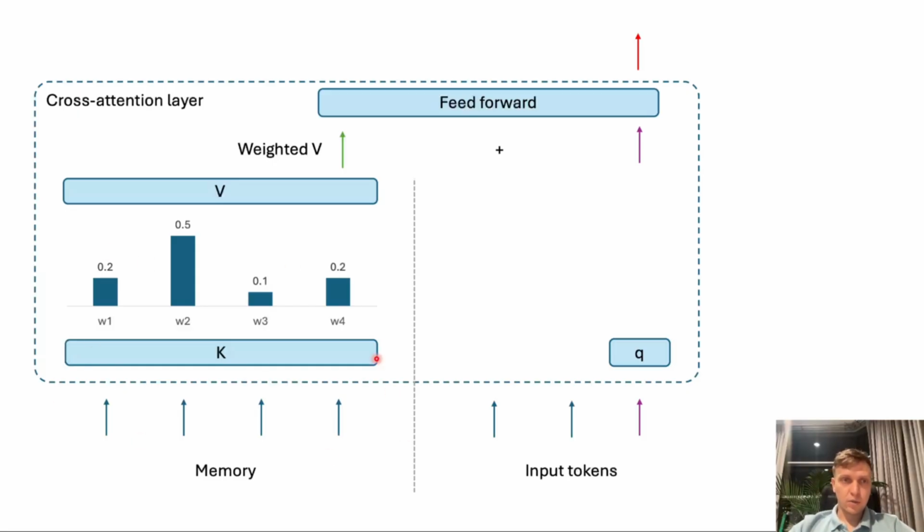We weight all the value vectors using these computed weights, combine it with the original vector, and put it through a feed-forward layer. Again, it's very similar in terms of math. The only difference is that for keys and values, we are not using input tokens. We're using some memory tokens that can be completely different, that can come from very different distributions, very different types of data, and so on.